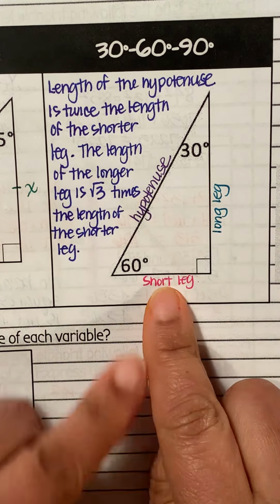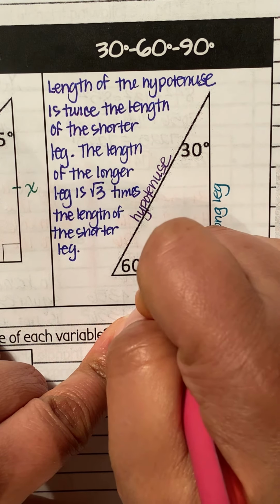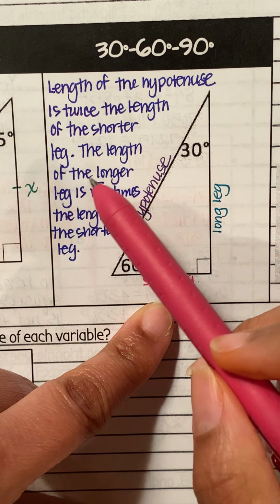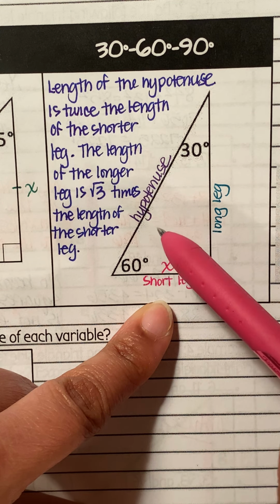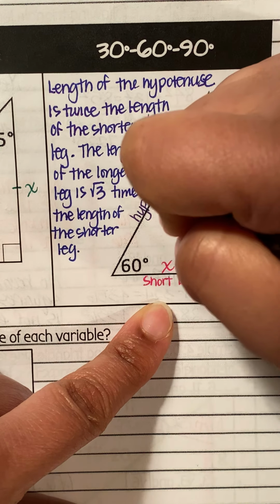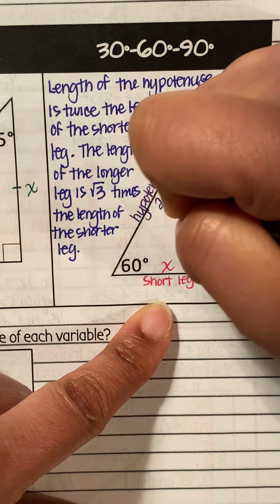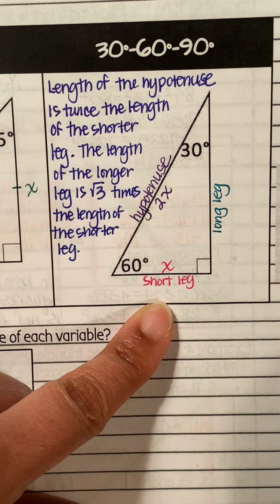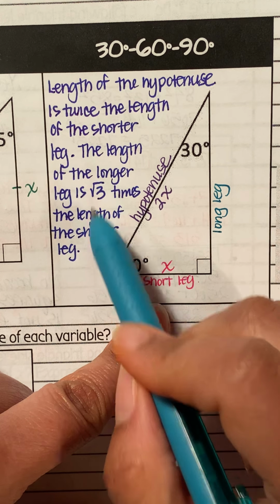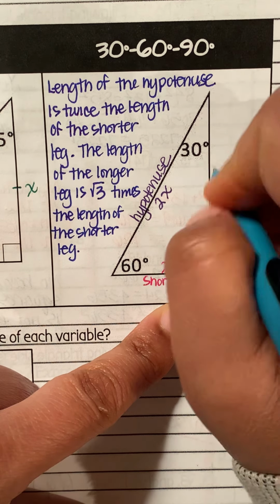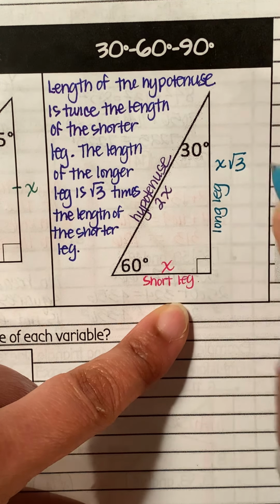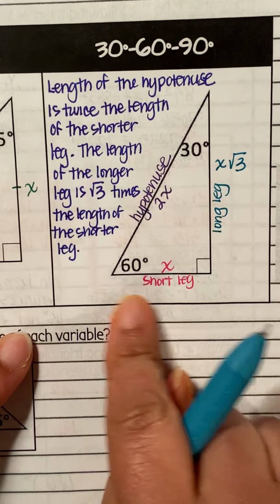This is my long leg. I'm going to use x to represent my short leg. We know that the hypotenuse is going to be twice the length of the shorter leg, so my hypotenuse is going to be 2 times x. And my long leg is going to be the square root of 3 times the length of the short leg, so it's going to be x times the square root of 3. Some things you need to know, which I'm going to write down here.